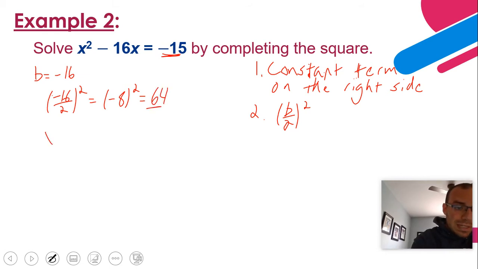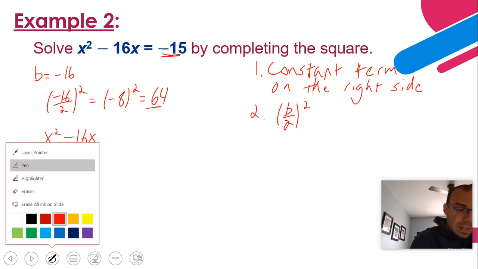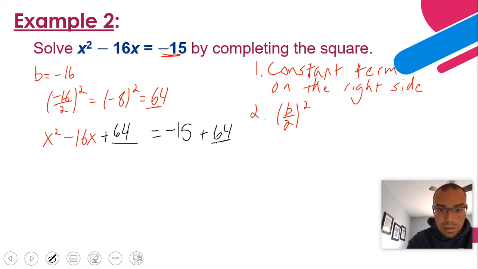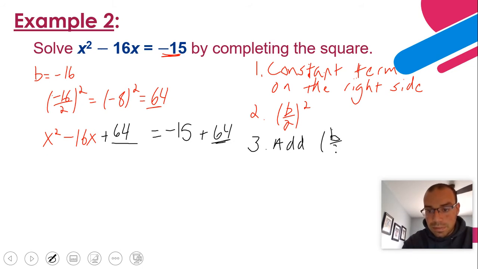And what you do is you take that b over 2 squared and add it to both your left and your right side. So I add that 64 to my left side, and my right side was -15, and I have to add that 64 to my right side as well. So we're going to add b over 2 squared to both sides.